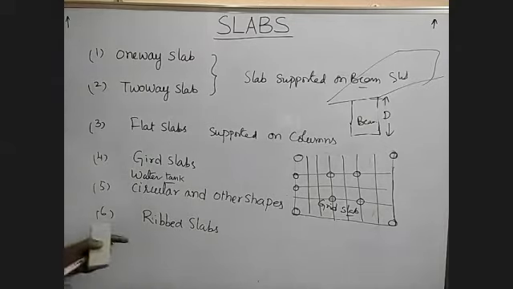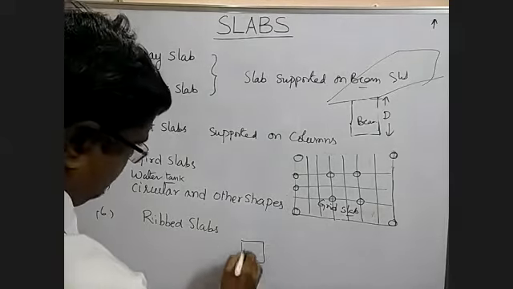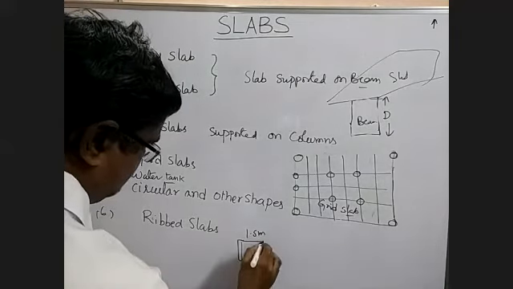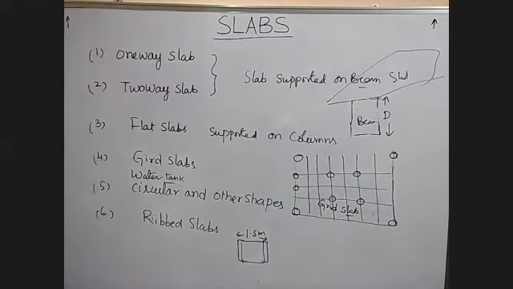Of course, the next one is the ribbed slab. You have small ribs spanning in one direction, placed not more than 1.5 meters center to center in both directions. Small beams in this direction and this direction, placed below the slab, we call a ribbed slab or waffle slab.